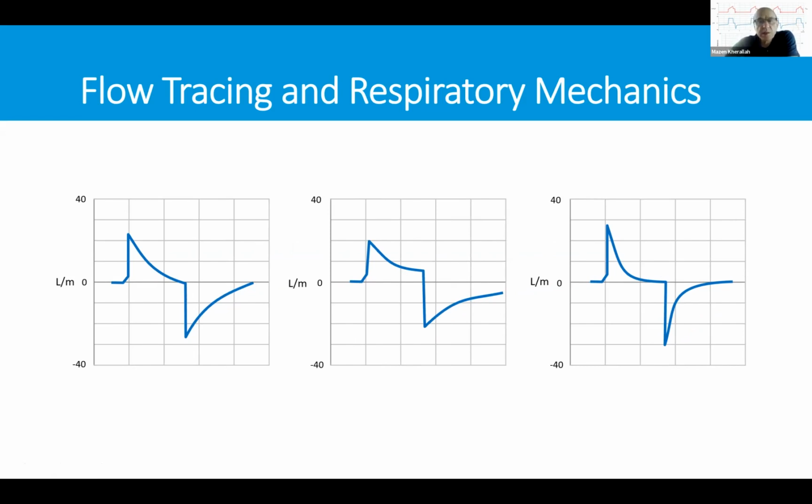You can determine lots of respiratory mechanics by looking at the flow waveform. So let's compare these three different waveforms. This is a waveform for a patient who has normal mechanics. Compared to this one, take a look at the decaying part of the flow. It is going down at a slower rate than in the normal breath. The same thing, take a look at the expiratory flow.